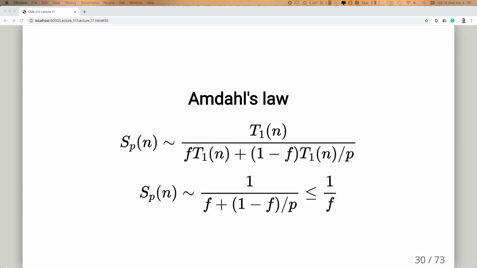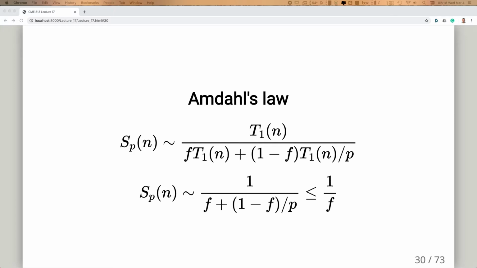So if f is very, very small, can be neglected, you see that indeed this is almost 1 over p, so the whole thing is very close to p. This is good. But as p increases, this eventually goes to 0, it becomes small, and it doesn't matter how small f is, ultimately f dominates.